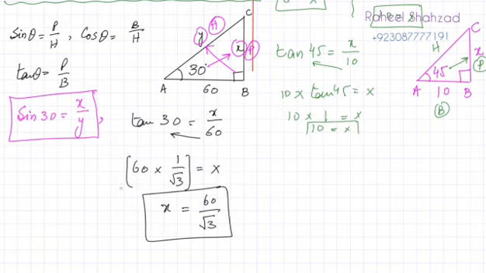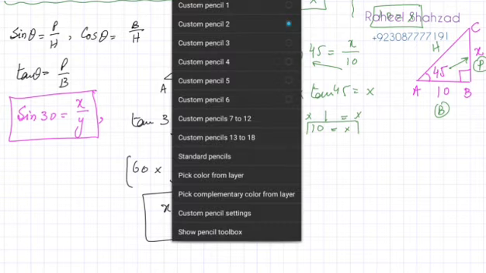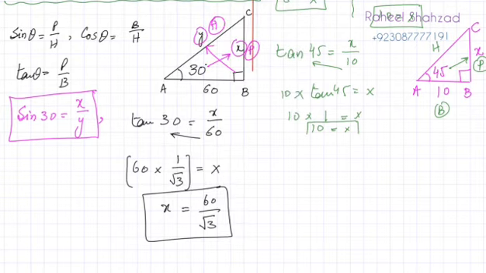Now in order to find the value of y, what can we apply? We can apply sine, since we now know the value of x. Sine of 30 is equal to x, which we just calculated as 60 divided by root 3, divided by y.